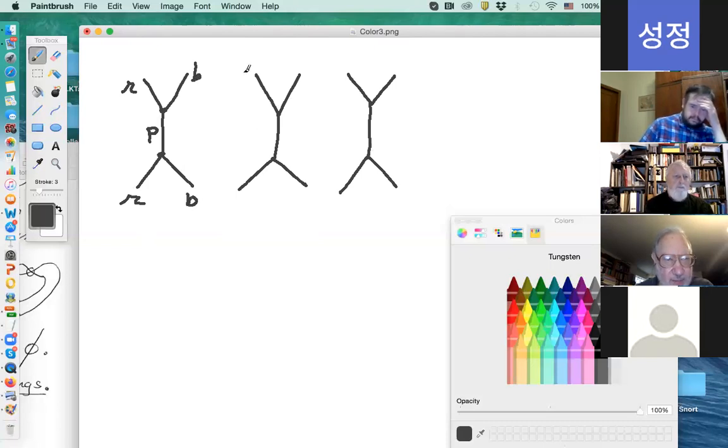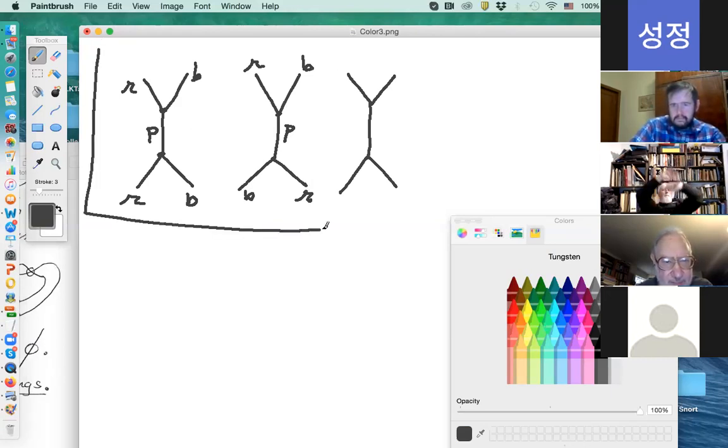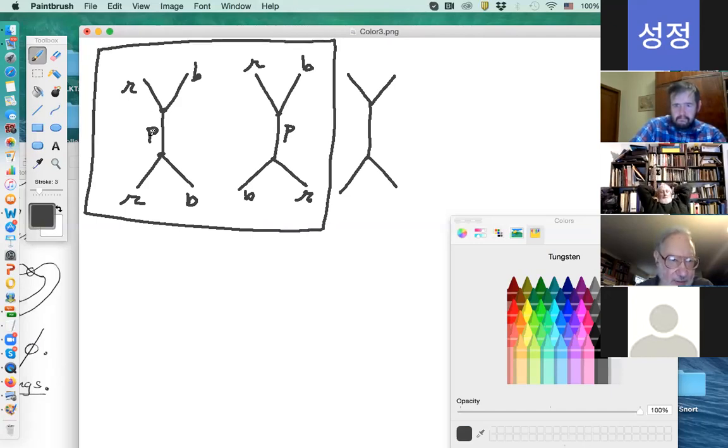But the other possibility is there's the third color in the middle, and I have a red and a blue here, but I have a blue and a red there. Those are the two possibilities, modulo the fact that I could have any third color in the middle. But those are two basic possibilities. The possibilities are that these come not permuted or permuted.